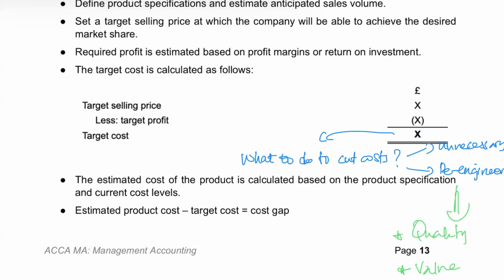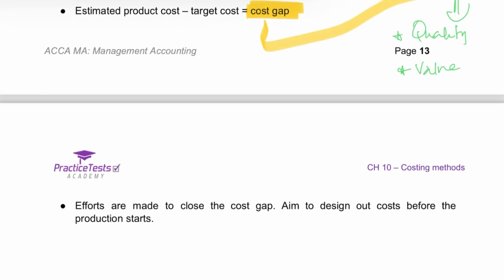So, therefore, practically speaking, we might have a cost gap. Now, the cost gap is filled using these two aspects or using aspects to cut cost. So, that's basically all about target costing. So, we must make efforts to close the cost gap. So, to do this, we might aim to design out cost before the production starts.